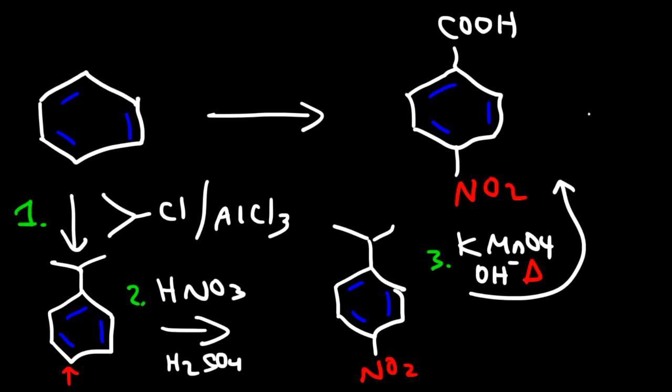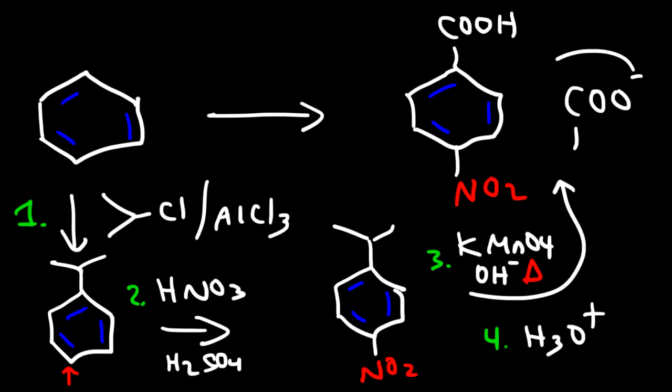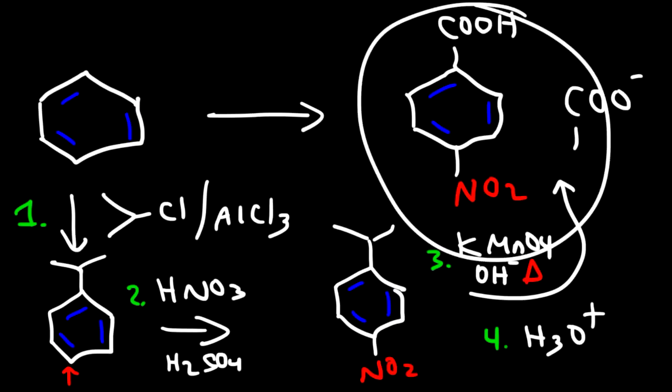So that's going to give us a deprotonated carboxylic acid group. So to get it protonated in the fourth step, we need to acidify the solution. We don't want benzoate, we want benzoic acid with the NO2 group. So we need to use H3O+ in the fourth step. And so that's how we can make para-nitrobenzoic acid.